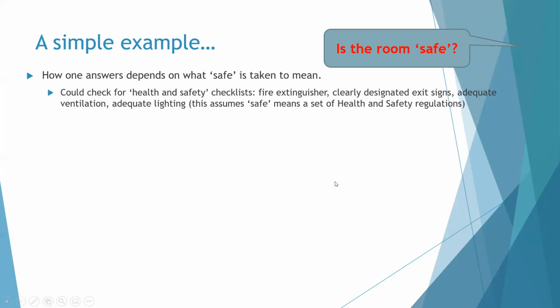Do you mean the room meets a certain regulatory checklist regarding health and safety? It has a fire extinguisher, clearly designated exit signs, adequate ventilation, lighting, etc. So what safe means is defined in a particular manner regarding a set of laws.